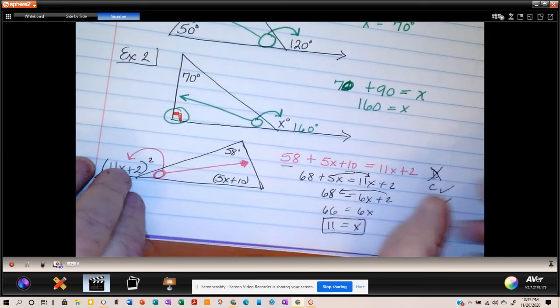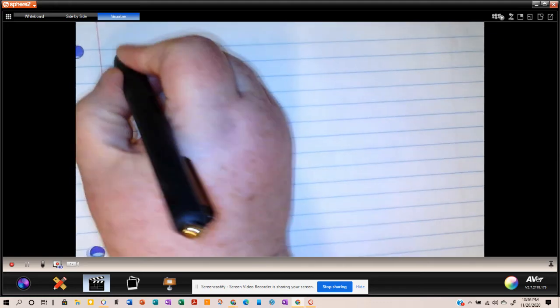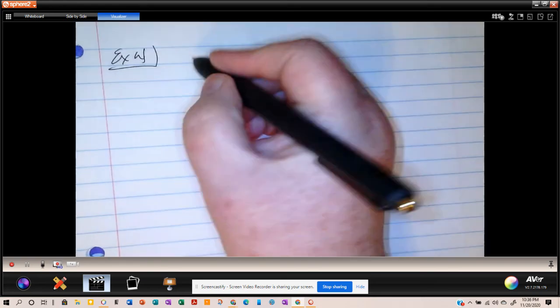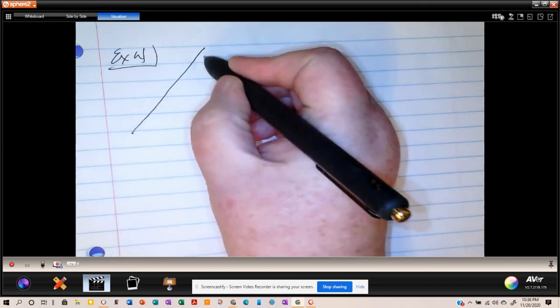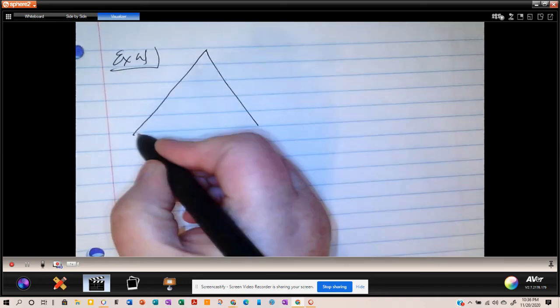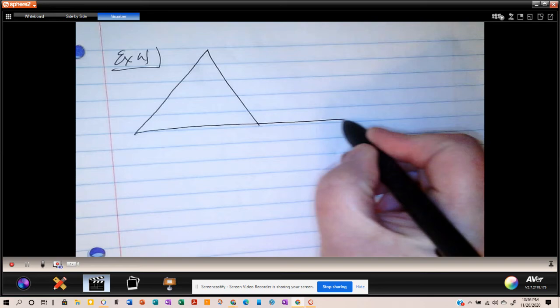Let's get a little harder now. Just a little. We'll do one more example. This one's a little more intense. Example 4. We've got a triangle. I'm going to make it kind of big. And it's going to the right.